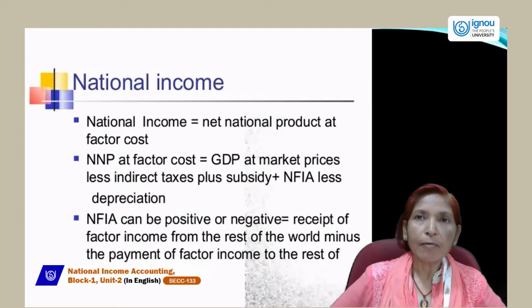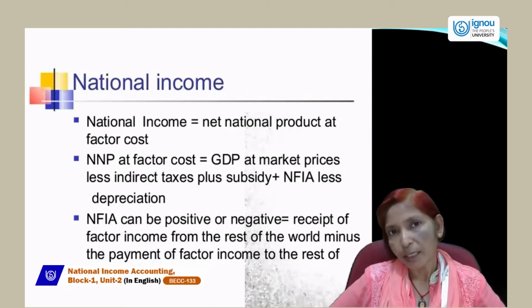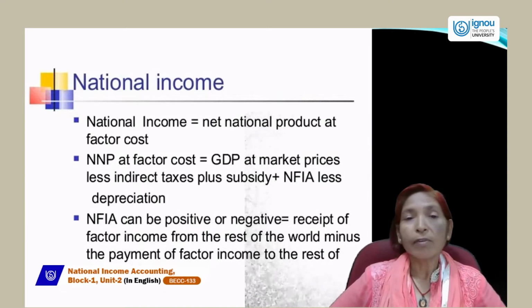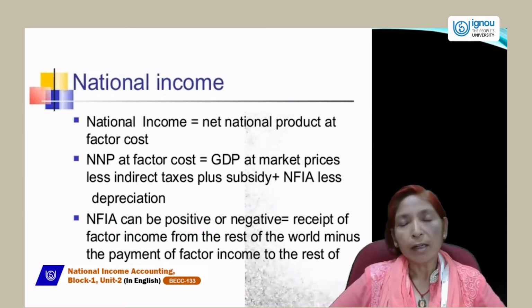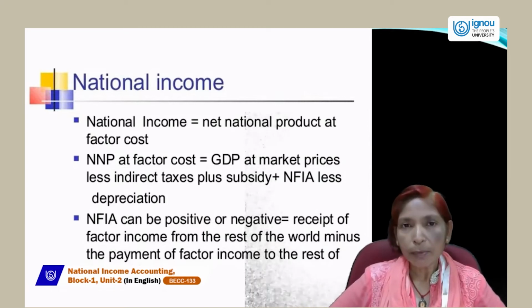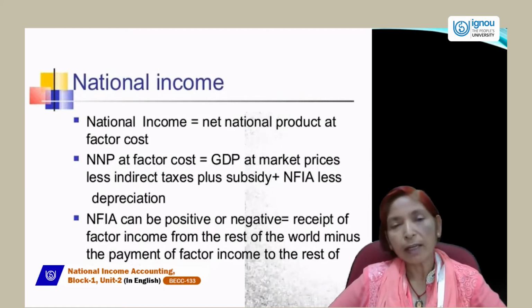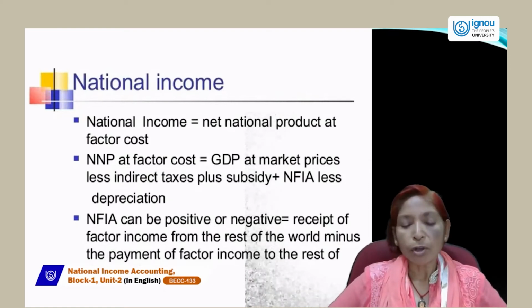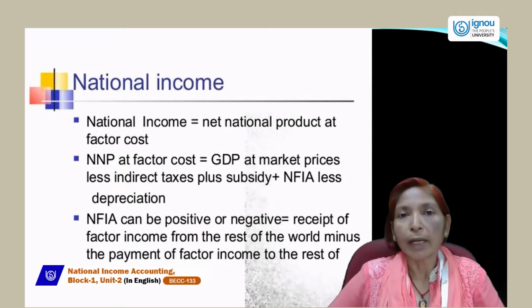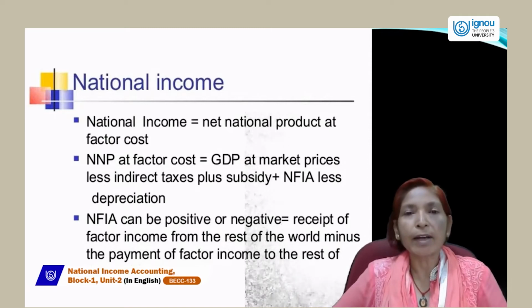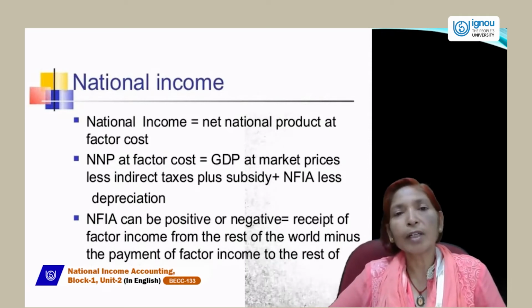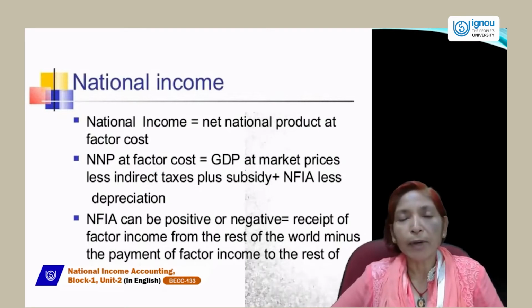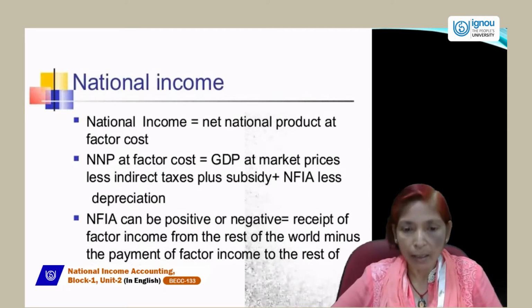If net factor income from abroad is included in GDP, then we can convert it into GNP. And if we deduct net factor income from abroad from GNP, then we can get GDP. So domestic can be converted into national by adding NFIA, and national can be converted into domestic by subtracting NFIA.